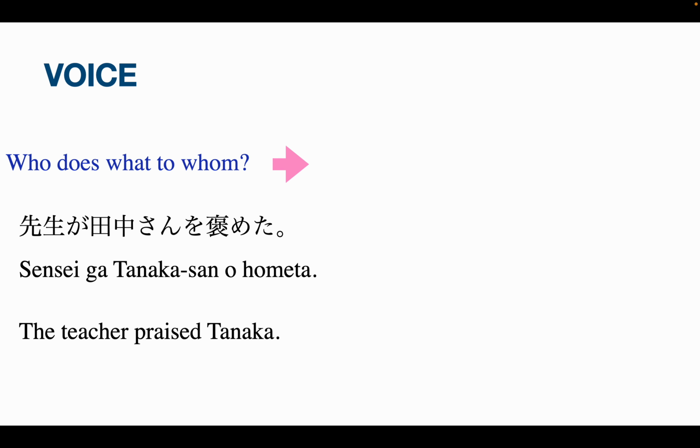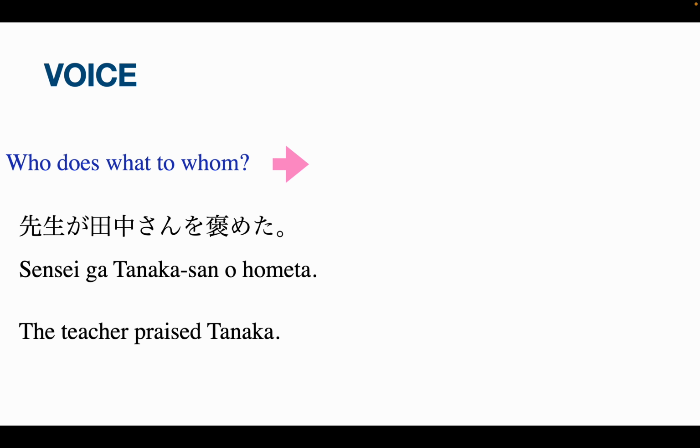First, voice. A simple way to think about voice is who does what to whom. Let's look at an example. 先生が田中さんを褒めた。The teacher praised Tanaka. Here, the teacher performs the action.